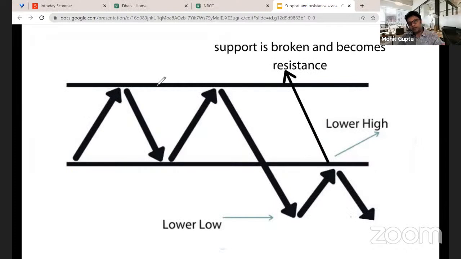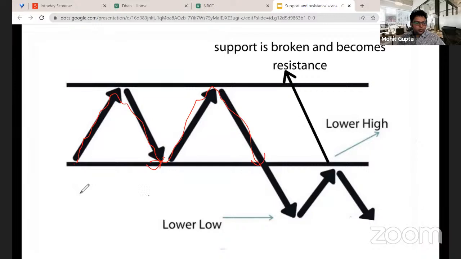So one very important thing which we need to take care of while dealing with support and resistance is that there is a concept like support becomes resistance and resistance becomes support, right? So what is that concept? So for example, let's say the stock is moving and here it finds a level, right? Now it goes again, and it breaks down this level.